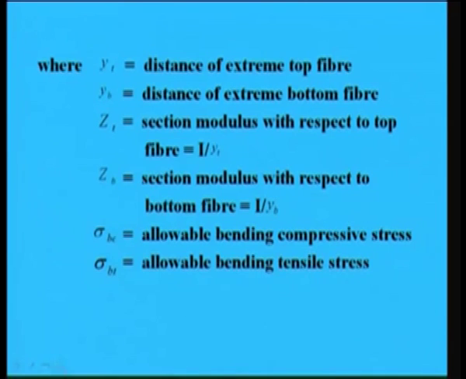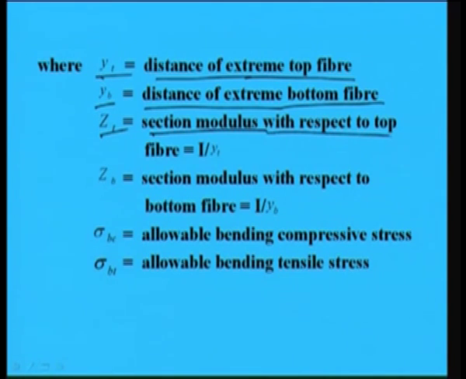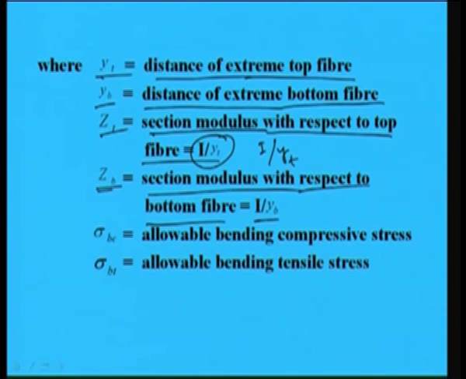Now, as I was telling, y t is the distance of the extreme top fiber, and similarly y b is the distance of the extreme bottom fiber. Z t we can write as the section modulus with respect to the top fiber, which is I by y t. Similarly, Z b is the section modulus with respect to the bottom fiber, which will become I by y b.